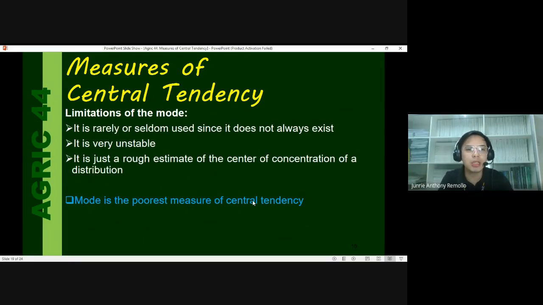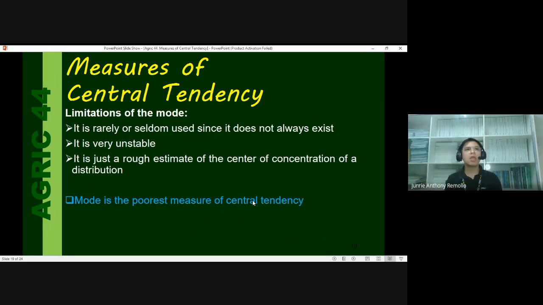Limitations of the mode. It is rarely or seldom used since it does not always exist. And it is very unstable compared to your mean, how much more to your median, how much more to your mean. And then it is just a rough estimate of the center of concentration of a distribution.